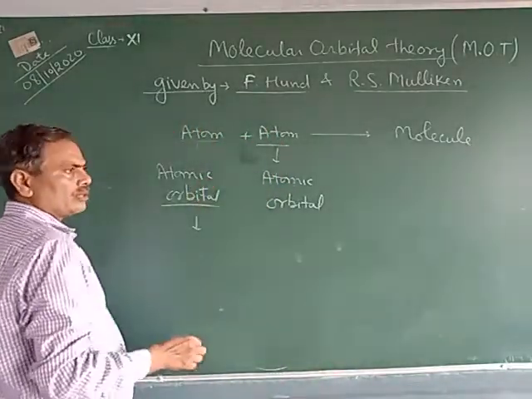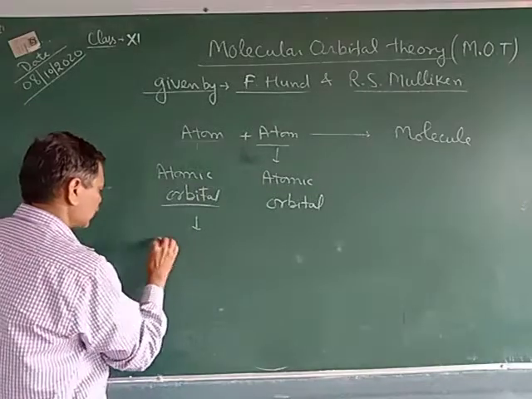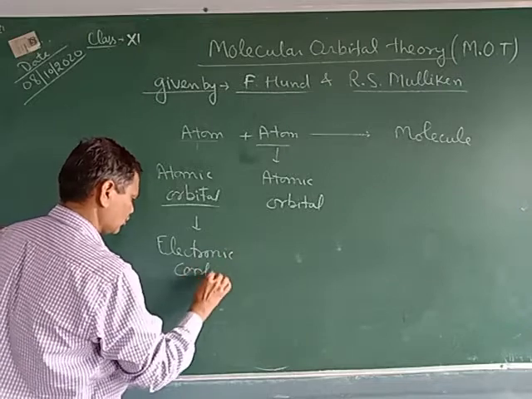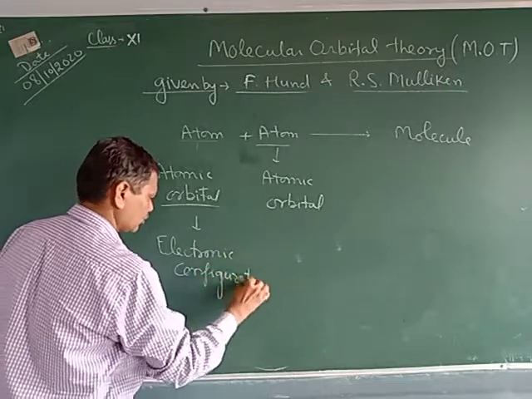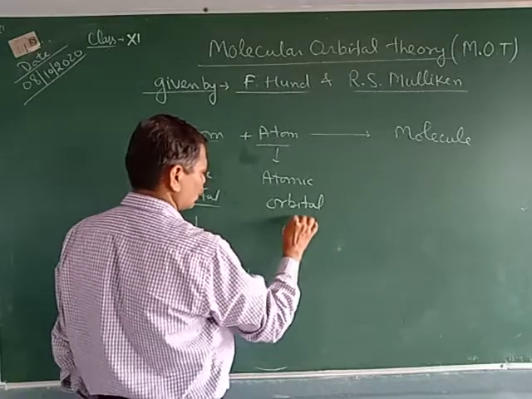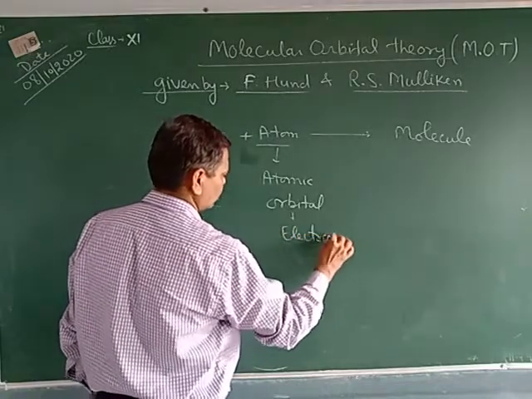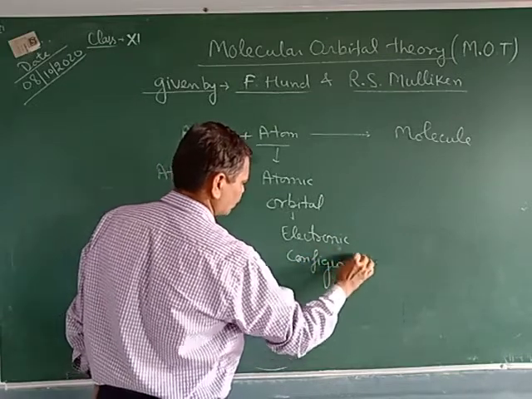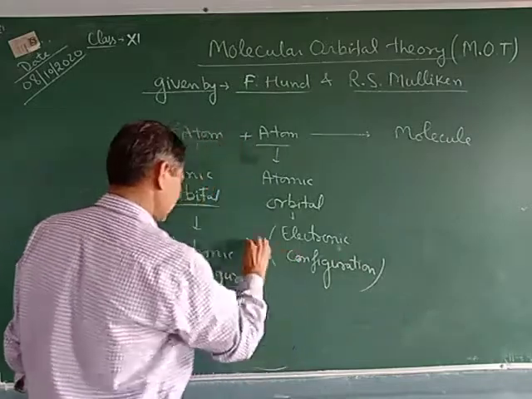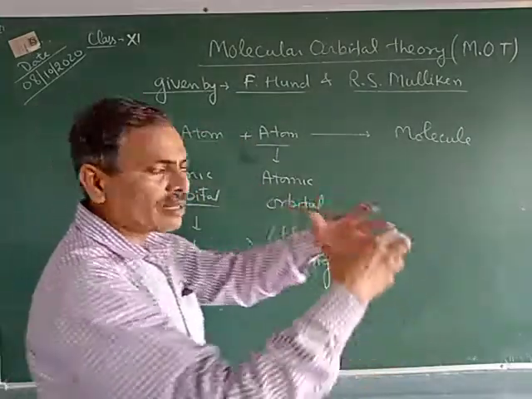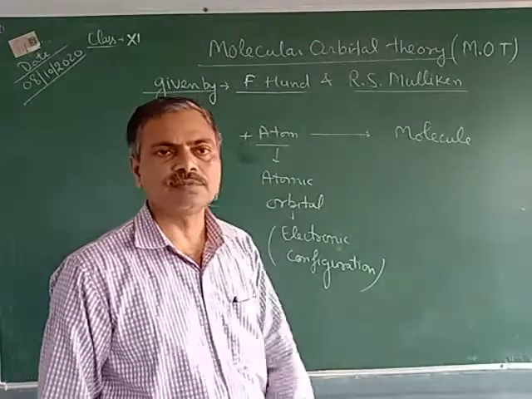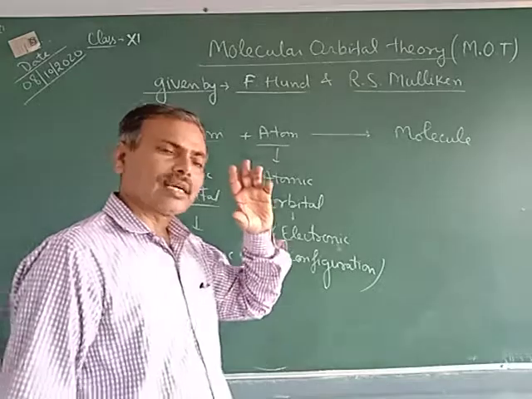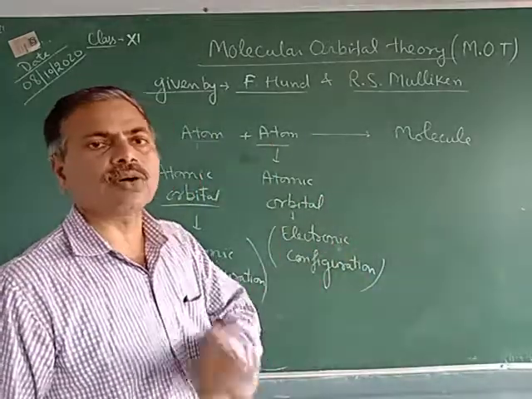When you study the atomic orbital, you have studied the electronic configuration. When the atoms combine together to form a molecule, there is another orbital that is called molecular orbital.